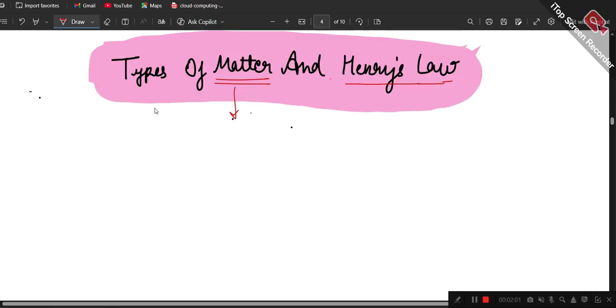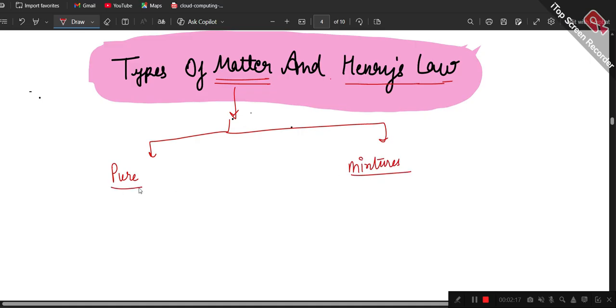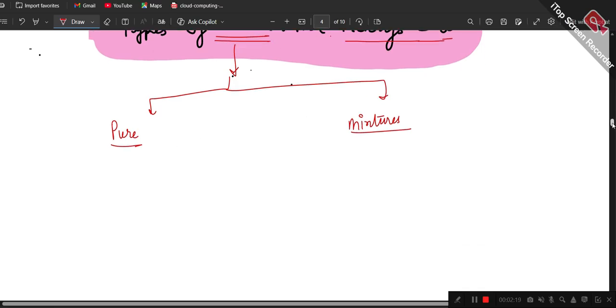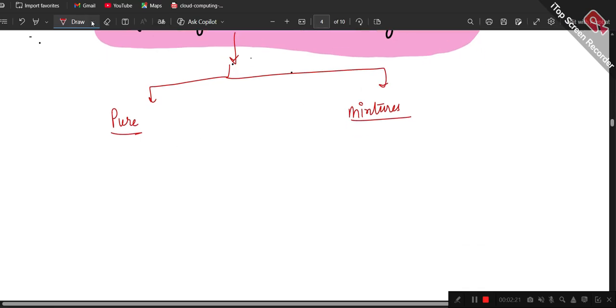When I talk about the types of matter, here I'm going to talk about the chemical composition part. We have studied two different kinds, that is pure substances and mixtures. In our syllabus, it is mentioned that you have to describe both of them, pure and mixture. So we are going to do the same right now.